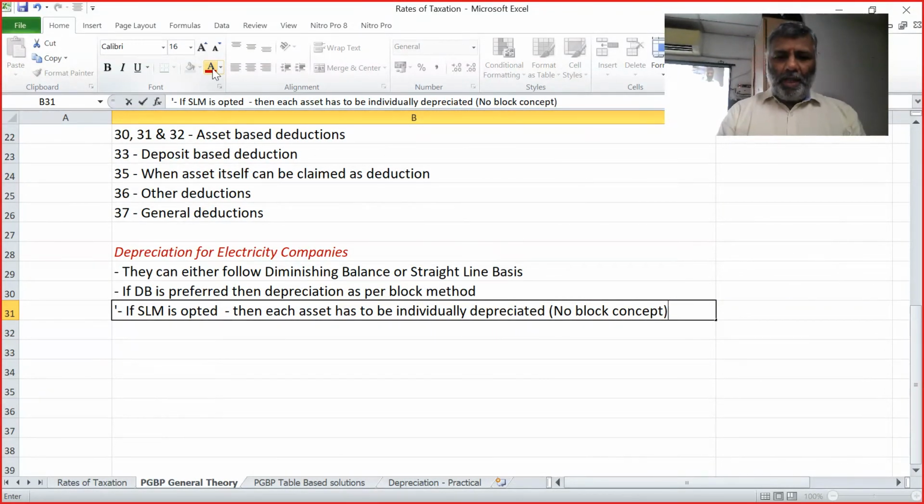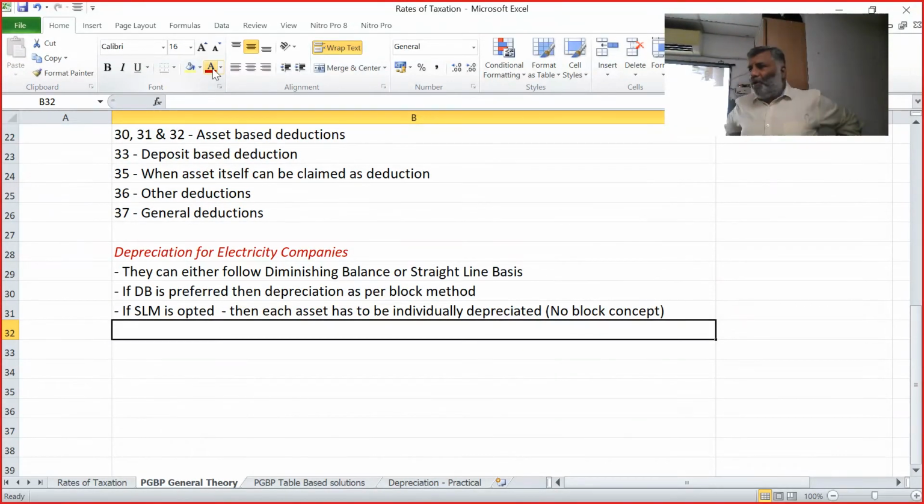If straight line method is preferred, then there is nothing called block. Each asset has to be taken separately, even if there are 10 cars, 20 cars, 50 computers, 100 computers, each has to be independently and individually depreciated.